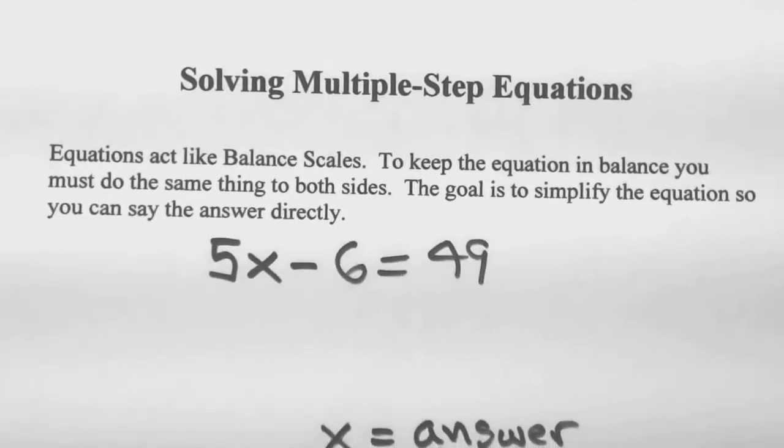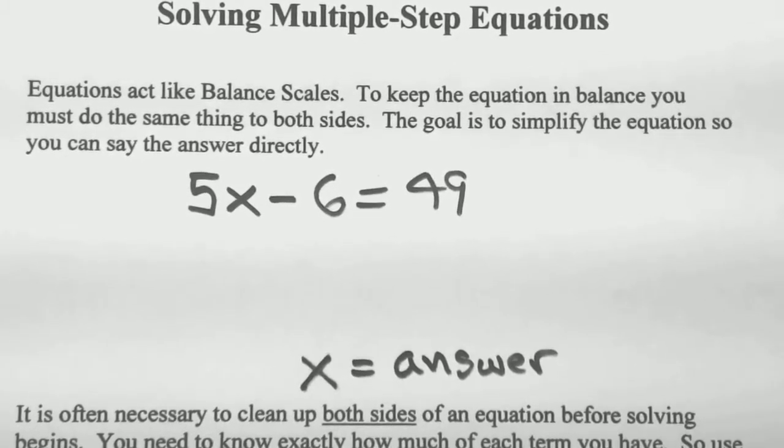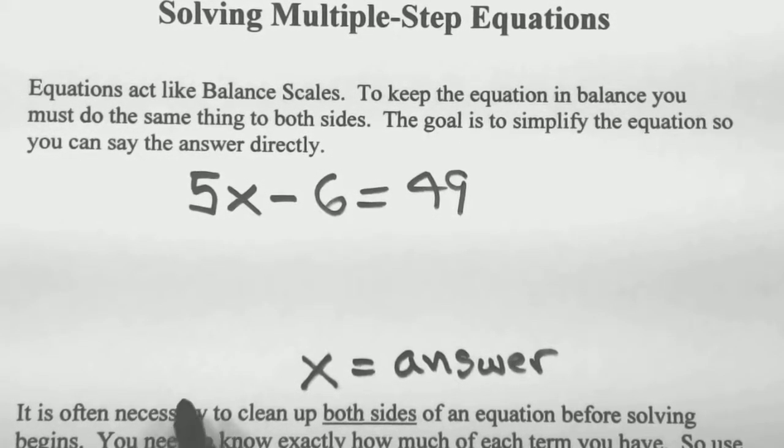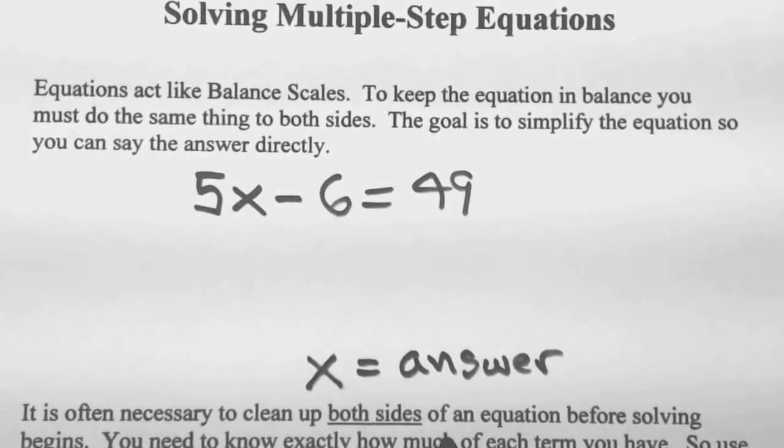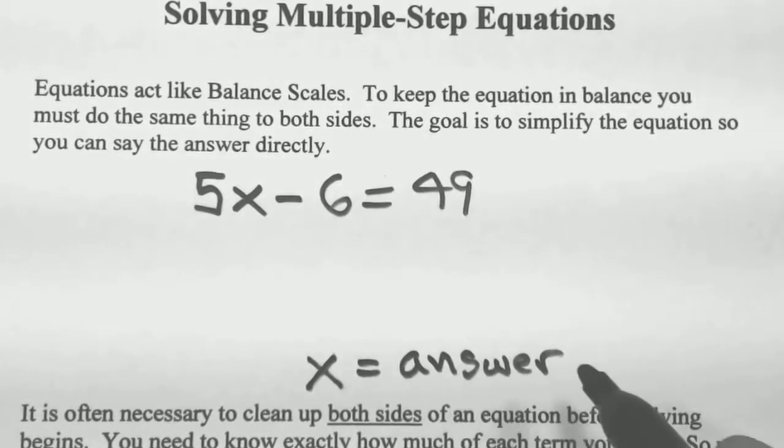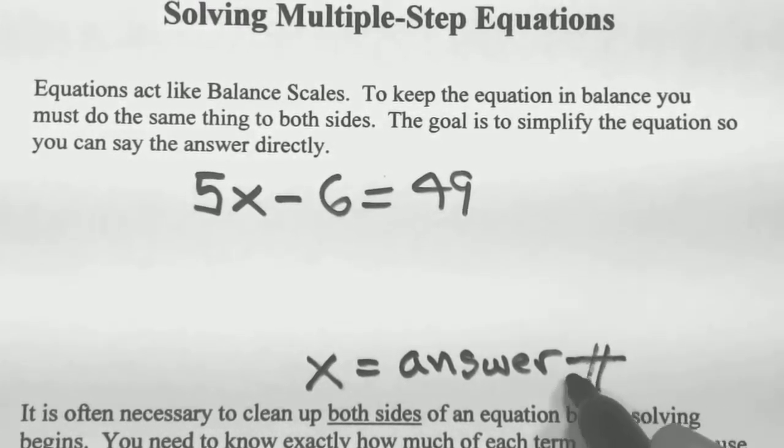What we want to end up with is something like I've got right here, x equals whatever number the answer turns out to be. This allows us to focus on an advanced way of solving these equations. Notice that this answer is going to be some number.